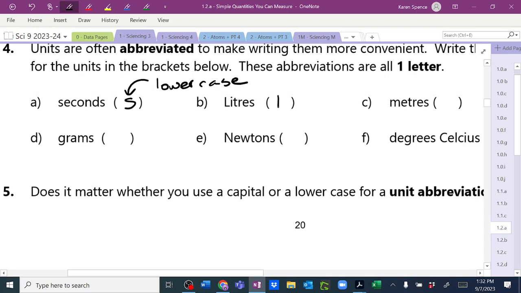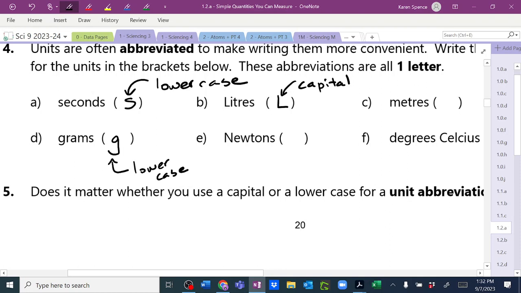L, and it's capital. Grams. G, and it's lowercase, yes. You've probably seen that on like cereal boxes or something like that, right?